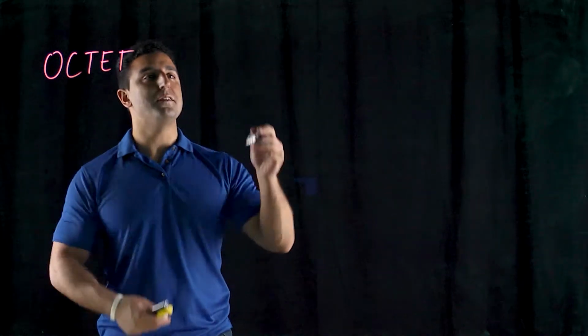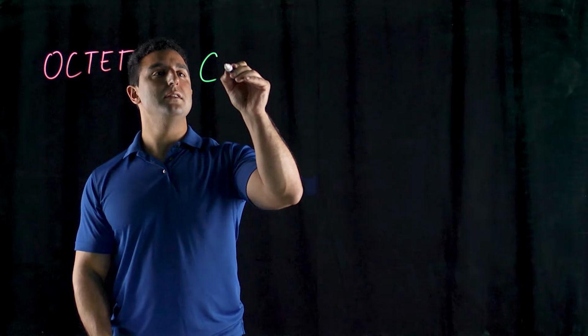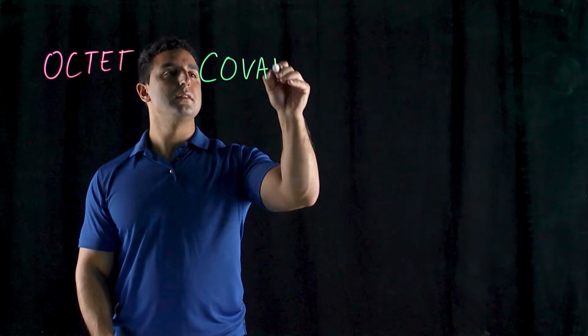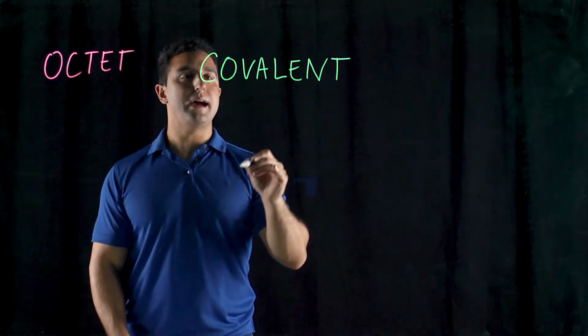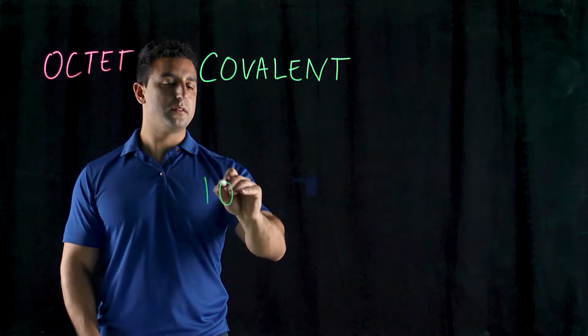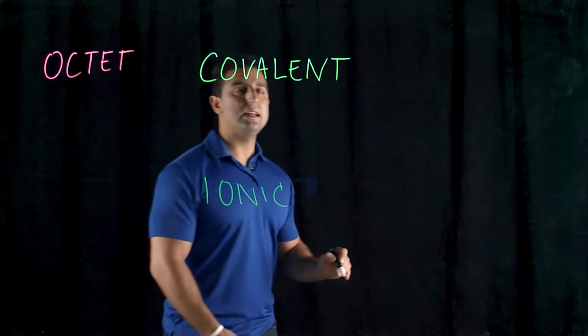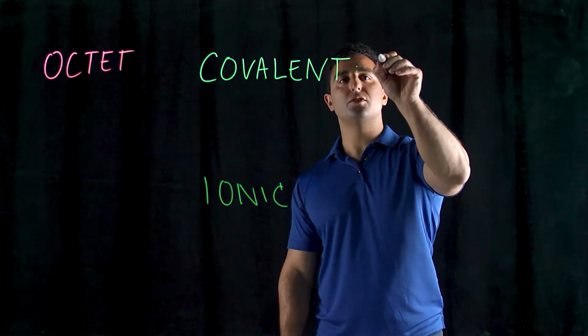So the different types of bonds, the first that we'll talk about are considered the covalent, and also we have the ionic. So the difference between the two is covalent is the sharing of electrons.